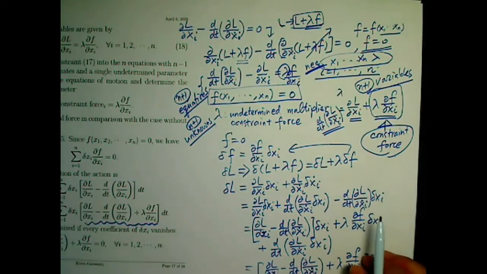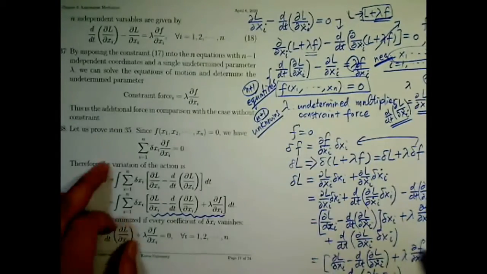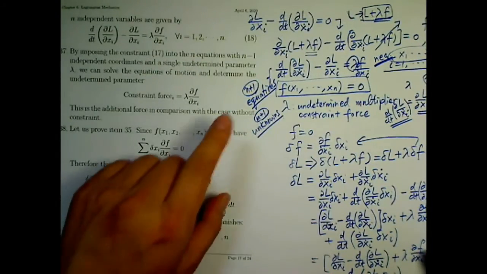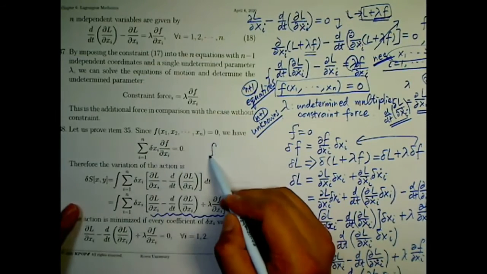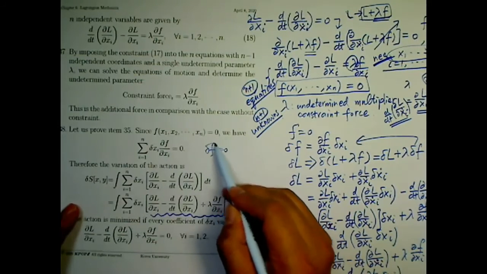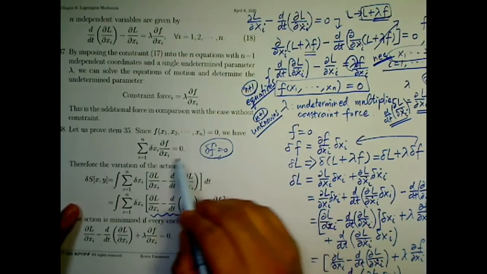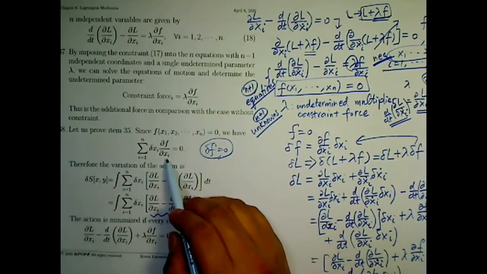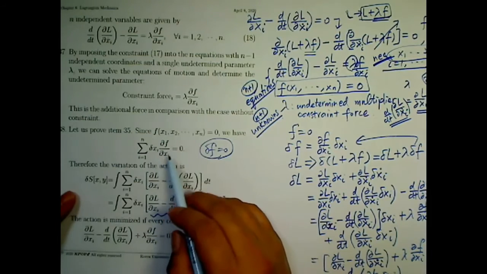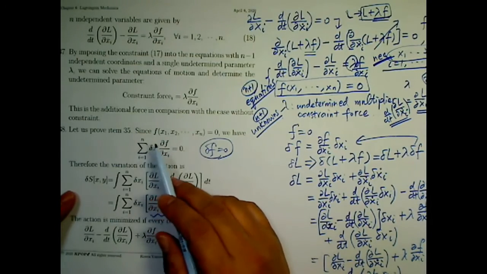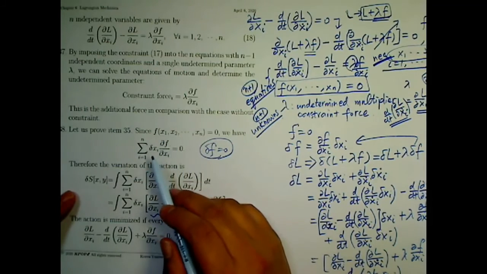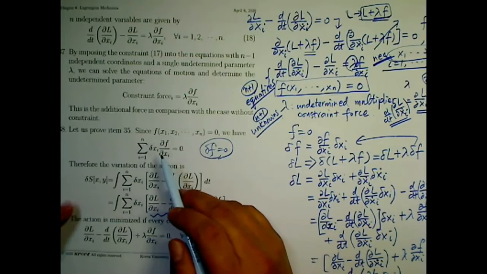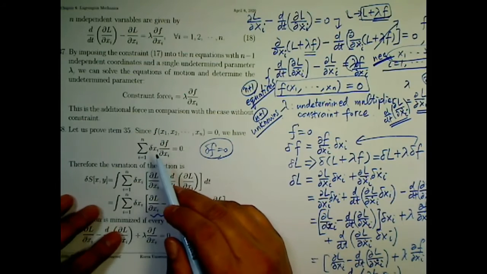If you look at the variation of the action, including this constraint, we find that because f equals 0, the variation of f can be found by expanding by the chain rule. Just consider the partial derivative with respect to each coordinate multiplied by the variation of each coordinate.